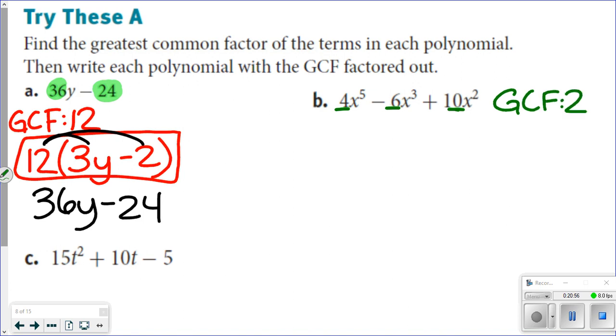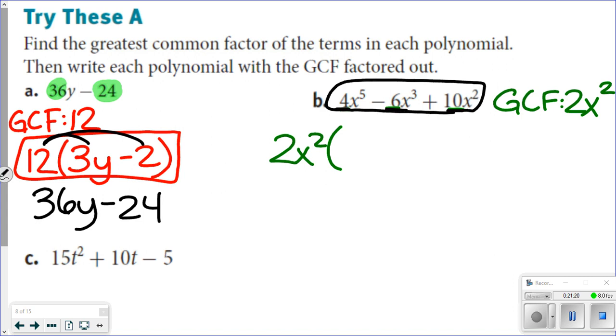And now let's look at the variables. They all have x's. 5, 3, and 2. So 2 is the smallest. So they all share x squared. They all have an x squared in common. So let's factor that out. So let's put a 2x squared out in front, and then I need parentheses. And if I'm starting with a trinomial here, 3 terms, I'm going to be left with 1, 2, 3 terms inside my parentheses.